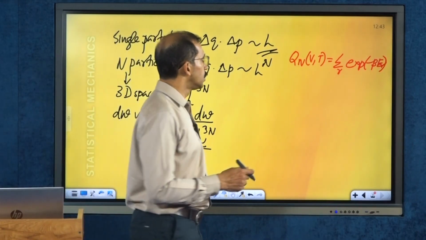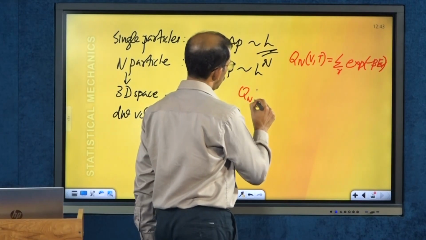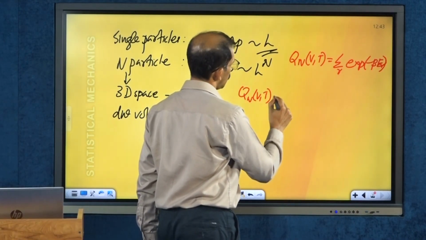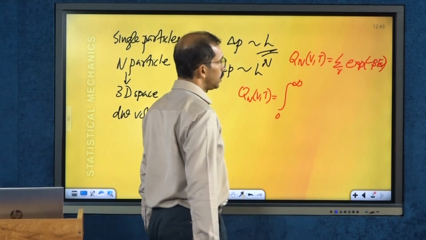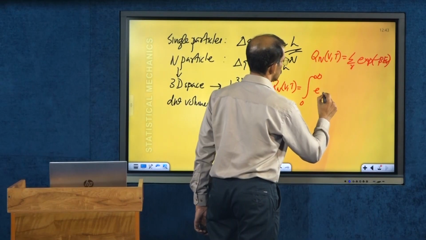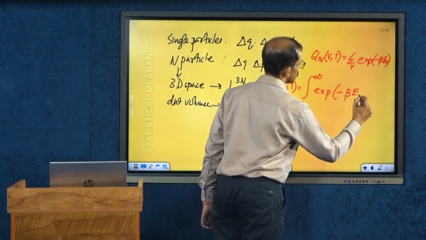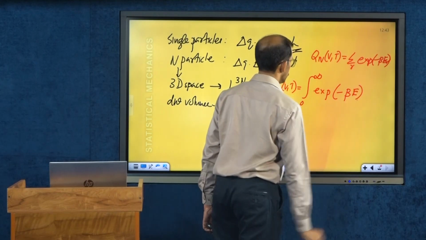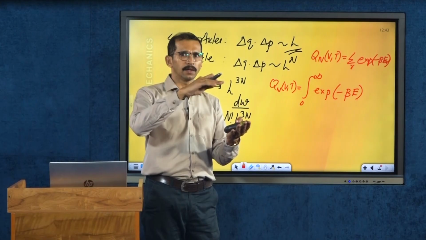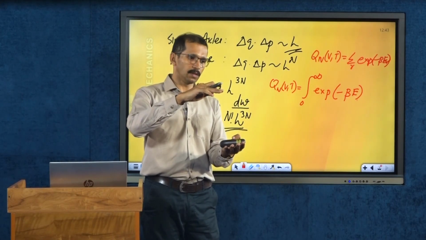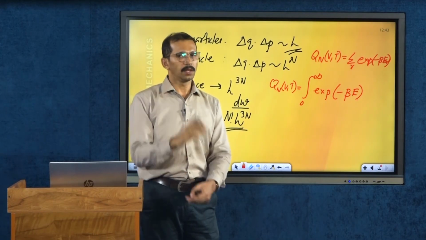integral, right? Which means that I can write the same expression as Q_N V T is equal to integral 0 to infinity of exponential minus beta E. So we are definitely talking about a situation where we are taking all the particles into consideration from 0 to infinity.